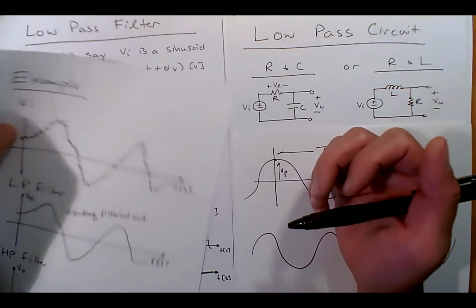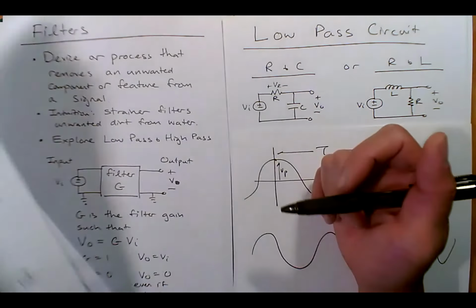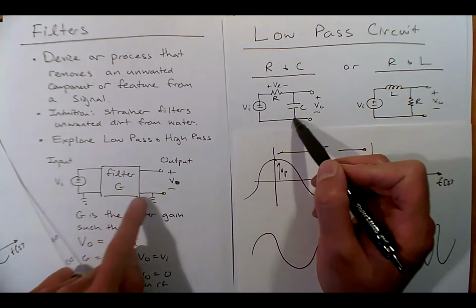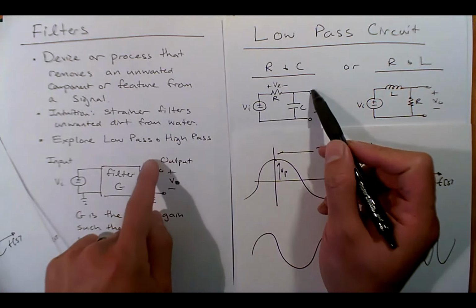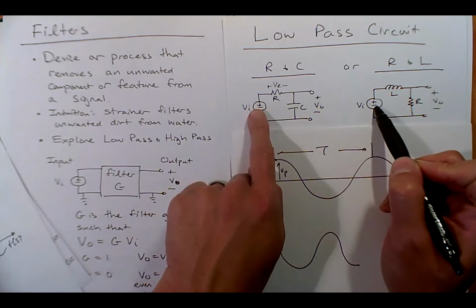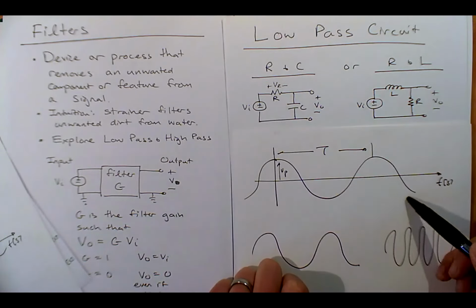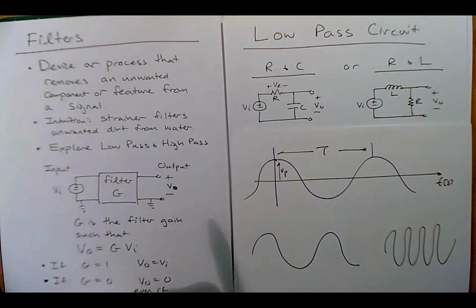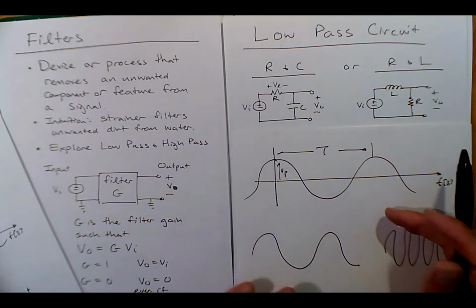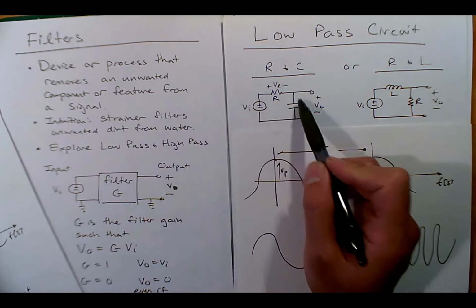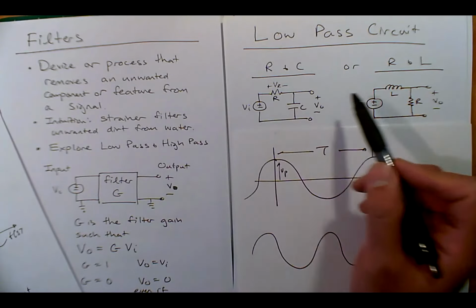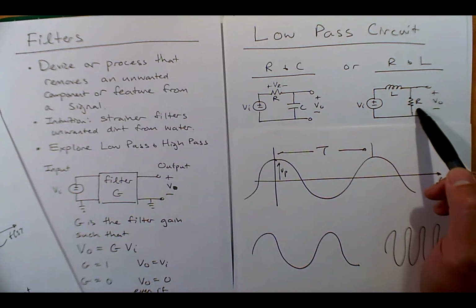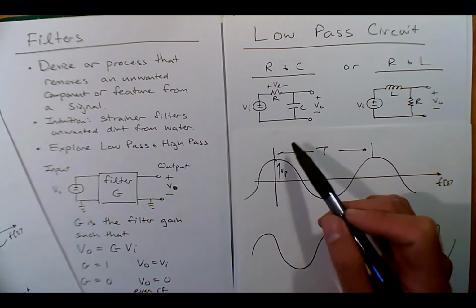So I have an input voltage, I have some filter, and I'm monitoring some output voltage. Now the input is always oscillating. Everything is shaking right now. We're in this new AC world. So notice the order. I have a resistor, then I'm measuring the voltage across a capacitor. Here, I have an inductor, but I'm measuring the voltage across the resistor. Okay, so that's very important.